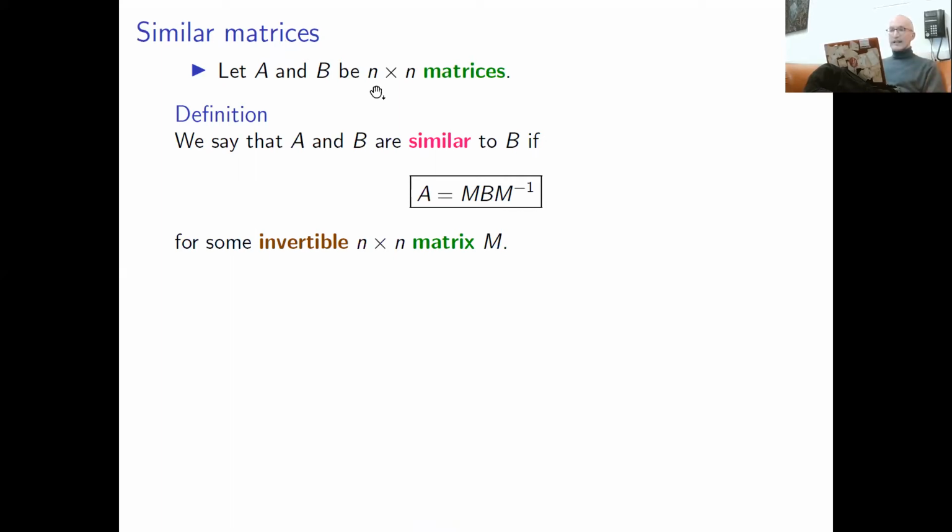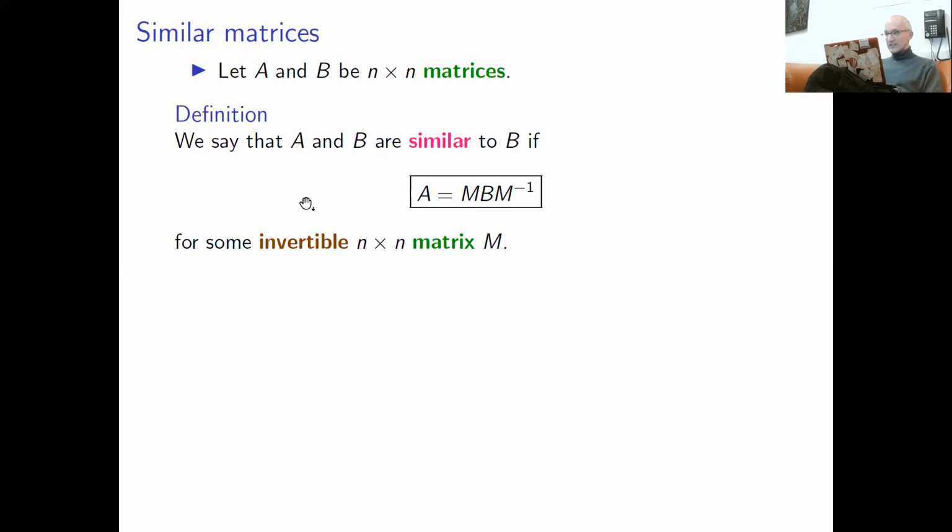Two n times n matrices A and B are said to be similar if there exists an invertible matrix M such that A is equal to M times B times inverse of M. So basically this means that A and B are matrices of some linear operator in different bases. A is in the standard basis, B is in some other basis, and the columns of matrix M are exactly the vectors of the new basis.